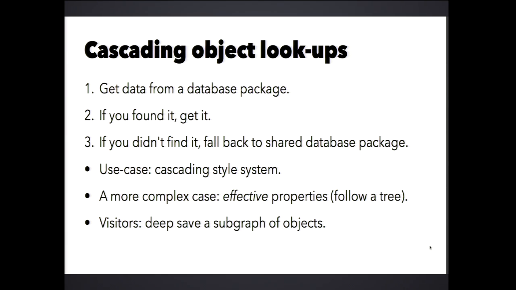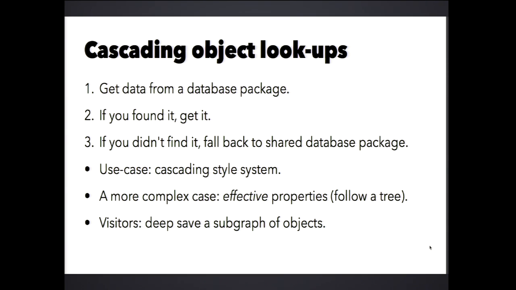I start looking for that paragraph style in the file database, but if I don't find it, I then fall back to the shared database. We've built on top of this and some other logic a kind of cascading style system, where you can define object references that may be resolved into your file, or something you got from a template, or some state that is stored in the shared database.